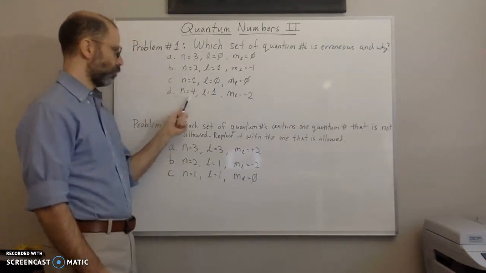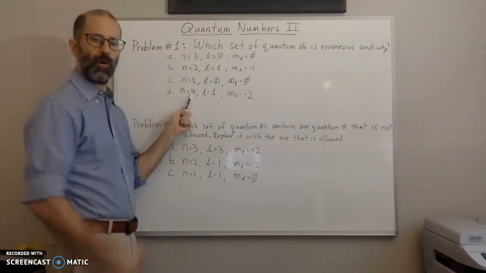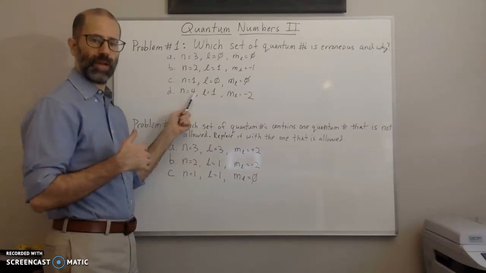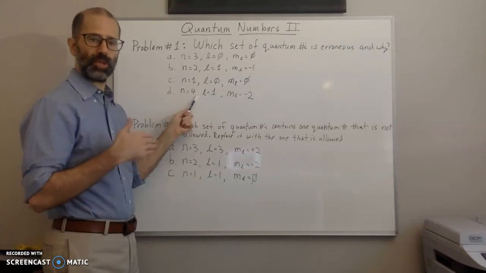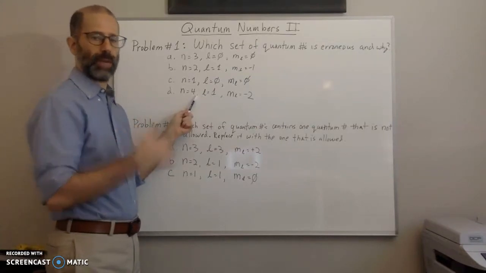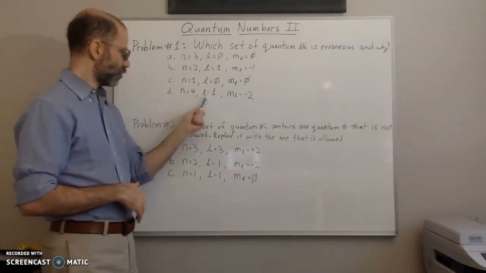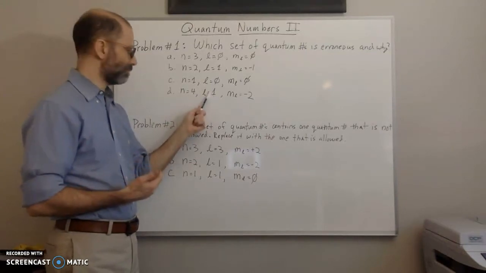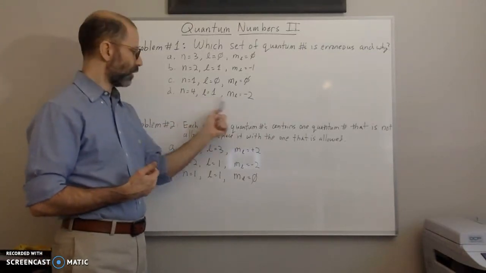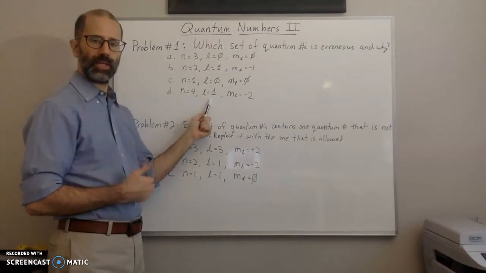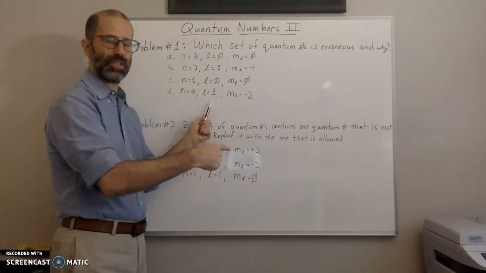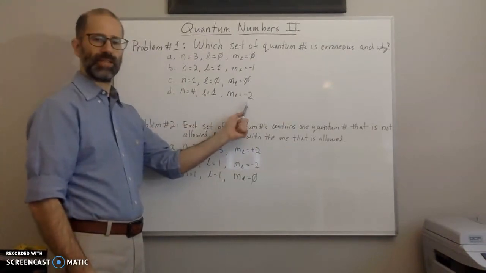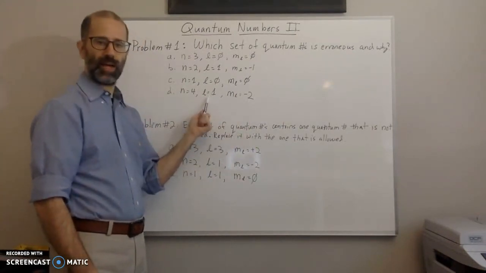So we have n equals 4. That means your L values, your angular momentum quantum numbers, can go from 0 to n minus 1, which is 3. We have 1 there, so that's fine. But then your m sub L values can only go between negative 1 and positive 1, including 0. And look, we have a negative 2. That is not allowed with this L value.